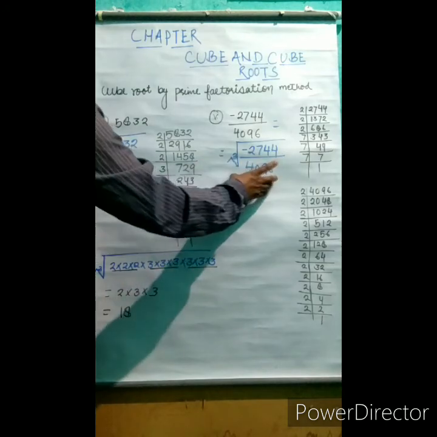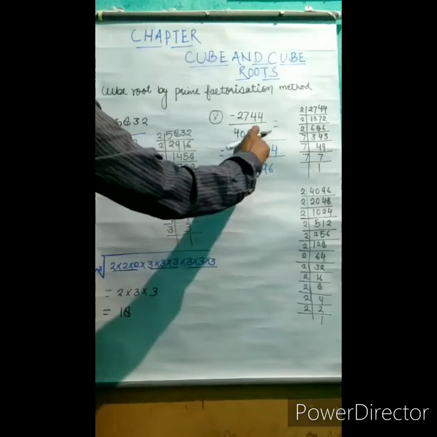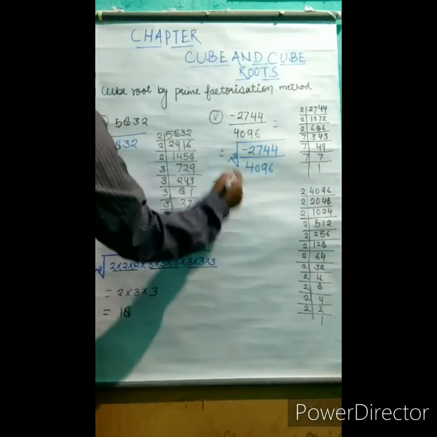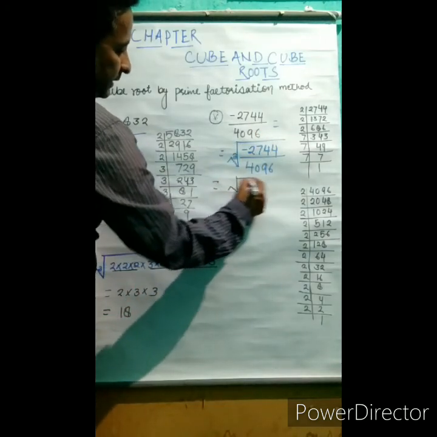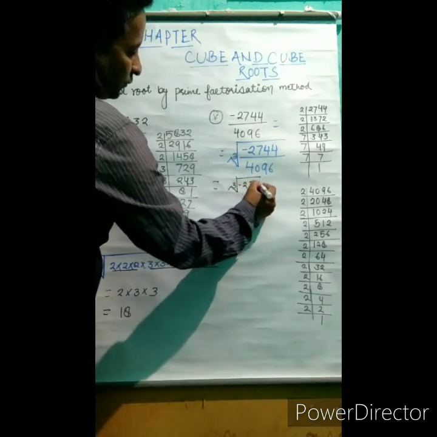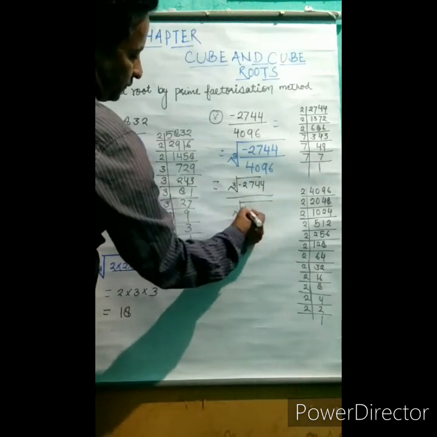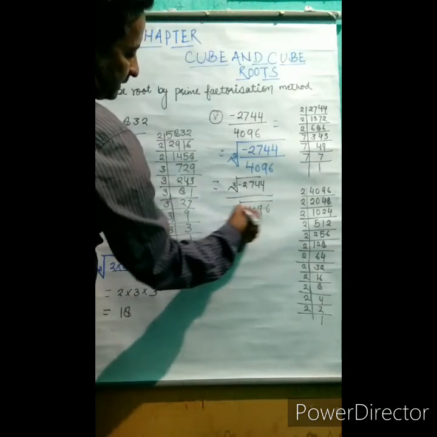Now next, here it is given the cube root of a rational number. So what we can do, we can divide the cube root over the numerator and denominator: minus 2744 over cube root of 4096.